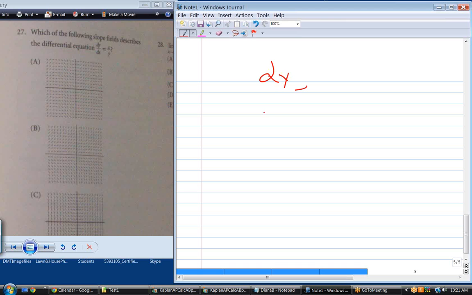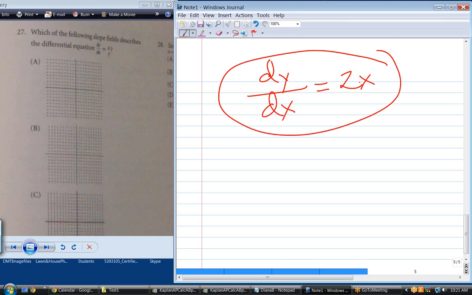If I tell you that dy/dx is equal to 2x, now, remember how to solve that differential equation?